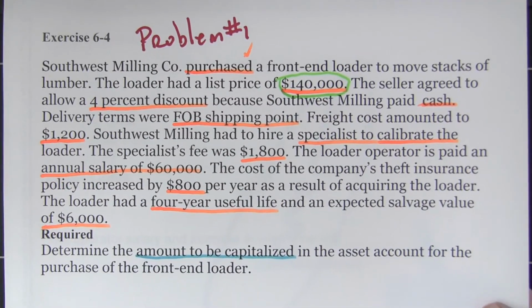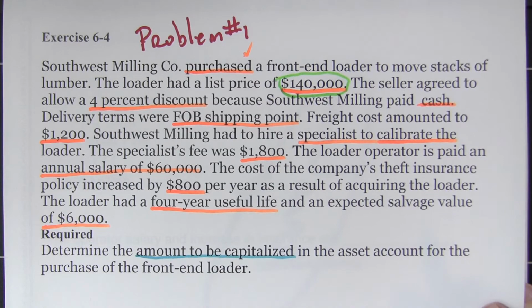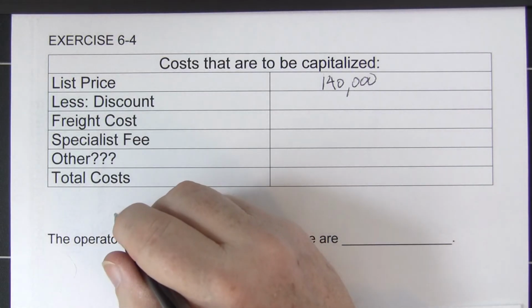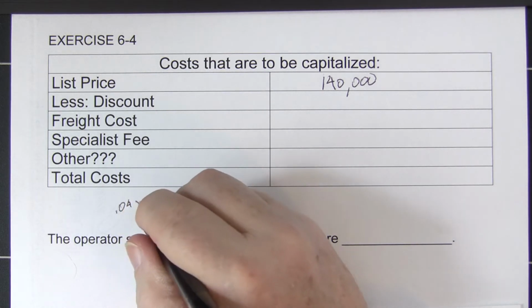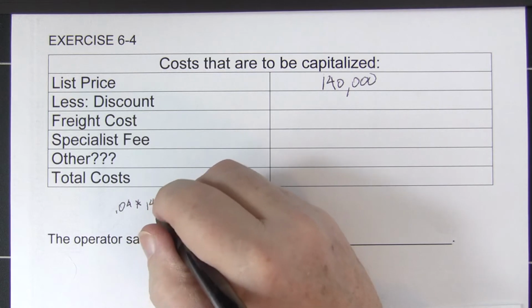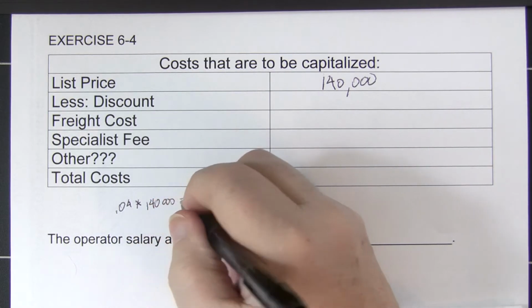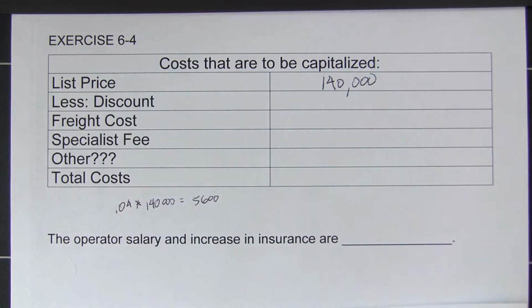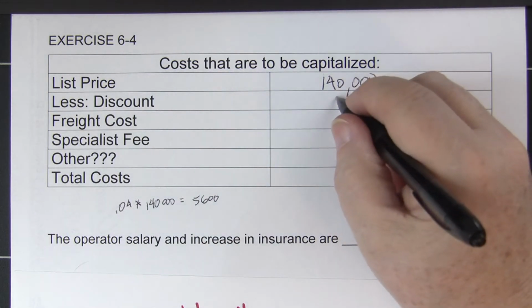They told us that we paid cash, so we got a 4% discount. So 0.04 times 140,000 is $5,600. So that's a reduction.